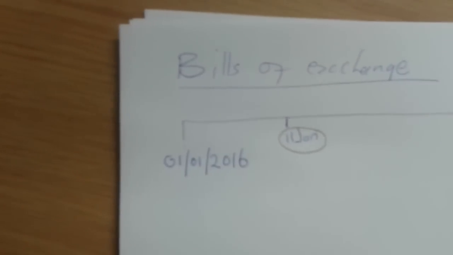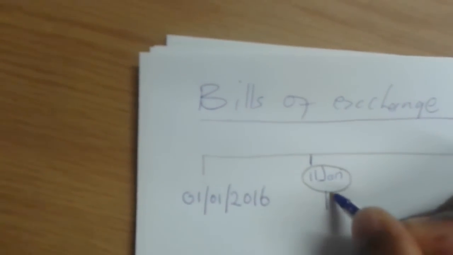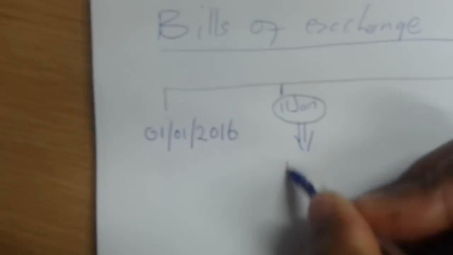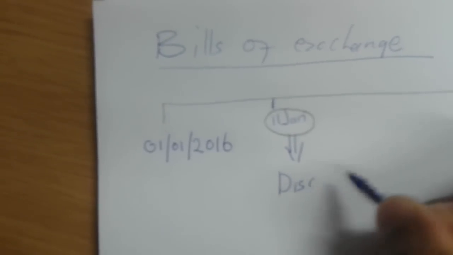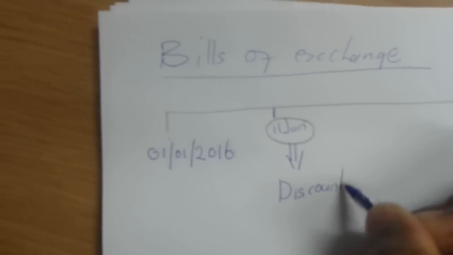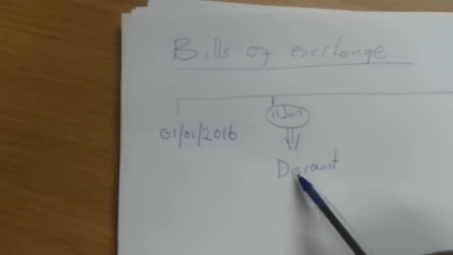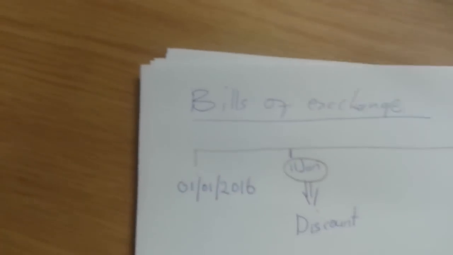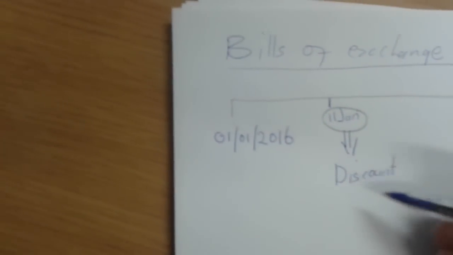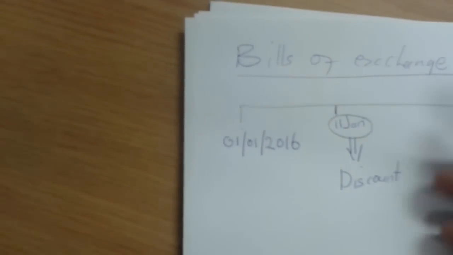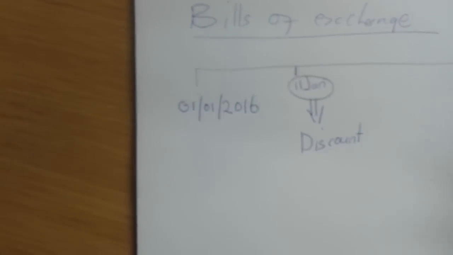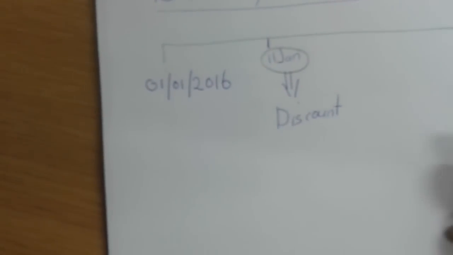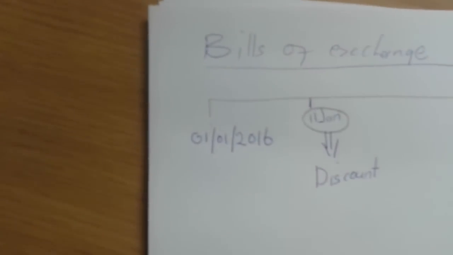So what they are going to do is they are going to sell the bill. They are going to discount the bill, which is they are going to exchange the bill, which is this paper, for money. So they will go to financial institutions, right, that do discount bills.